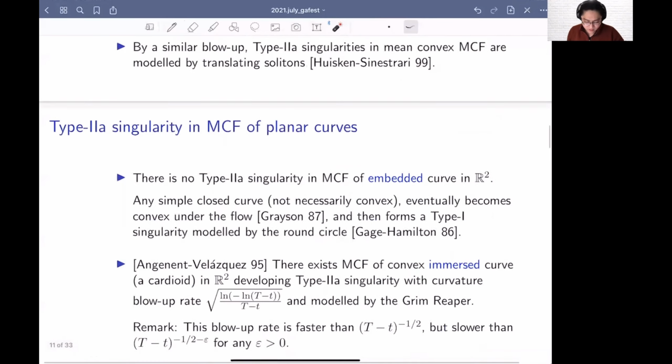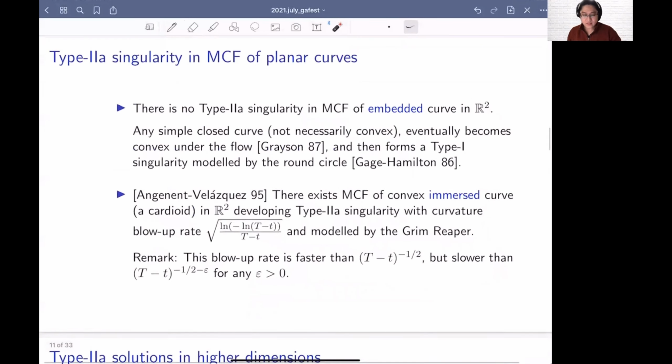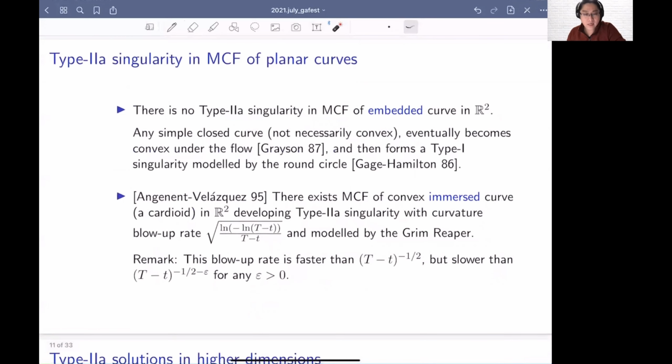Now let me move on to give you some existence results concerning the type 2A singularity in mean curvature flow. Well, first, let's look at the one-dimensional case, that is, the mean curvature flow of planar curves. If we consider an embedded curve in R2, then it turns out there's no type 2A singularity at all. This is the result by Grayson and Gage and Hamilton in the 80s.